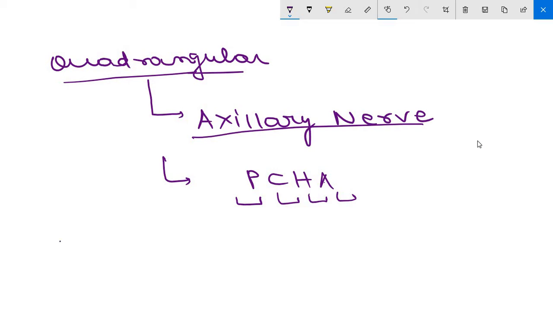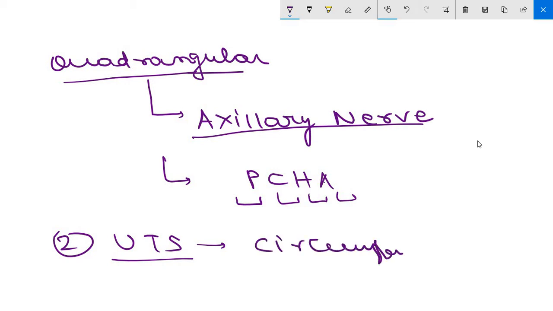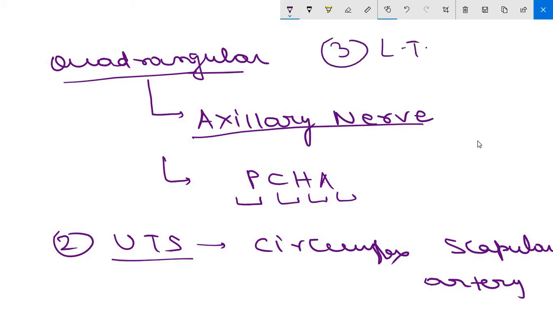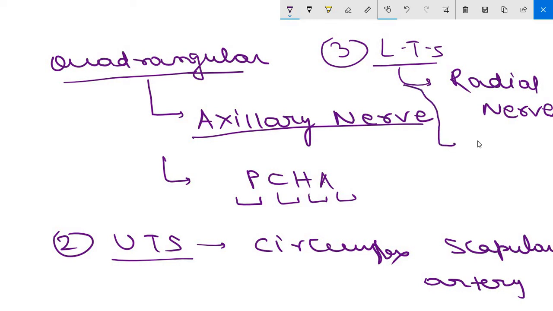Clear? And the second space is your upper triangular space. Through the upper triangular space one artery passes, the circumflex scapular artery. And from the lower triangular space, the most important is your radial nerve, because it is going to the radial groove, and the lower triangular space is nearest to the radial groove.